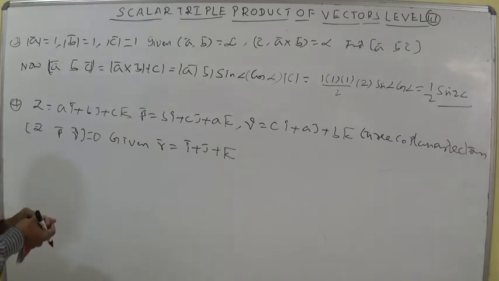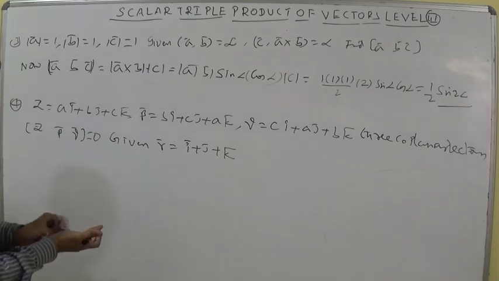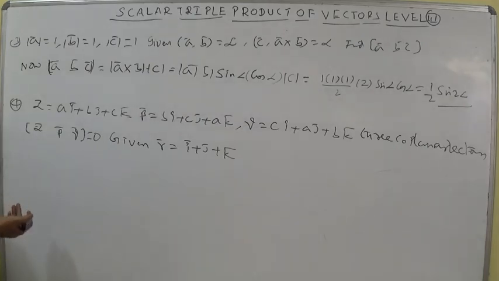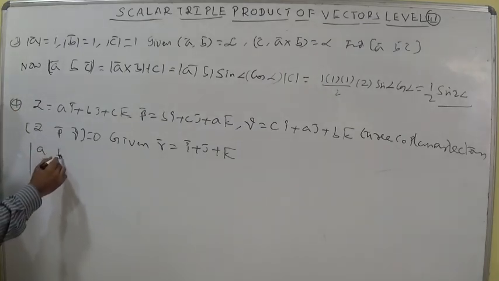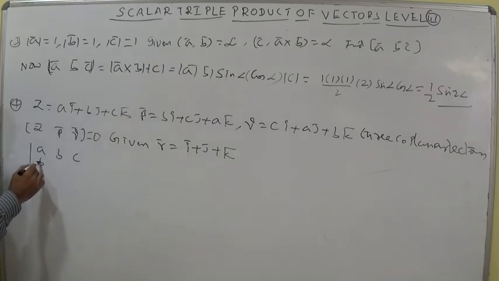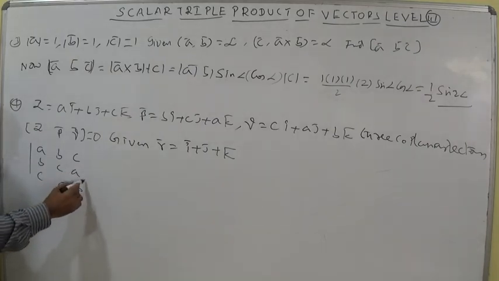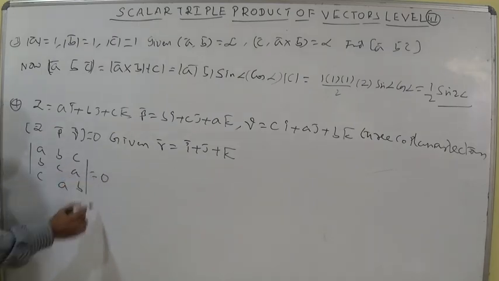So here the box alpha, beta, gamma is equal to 0. Now using this, we can say the determinant of box ABC, BCA and CAB equals 0.